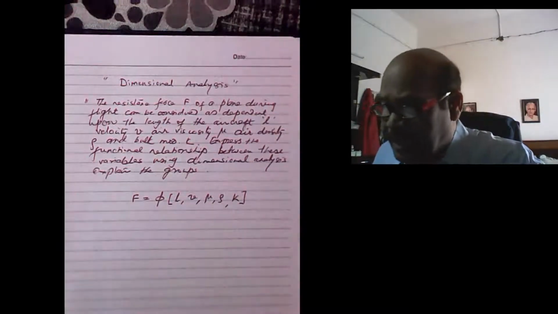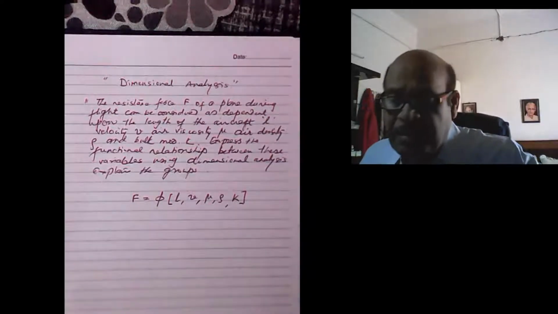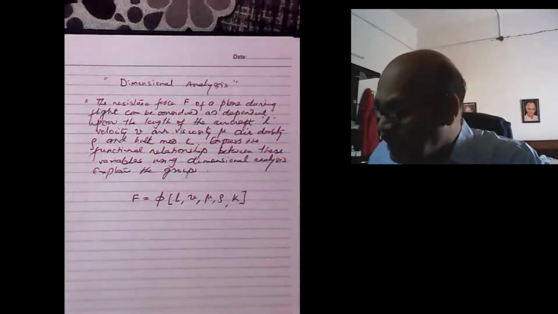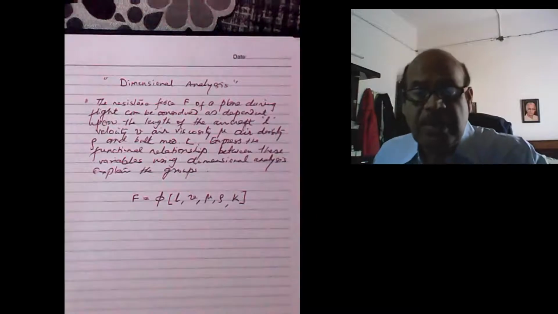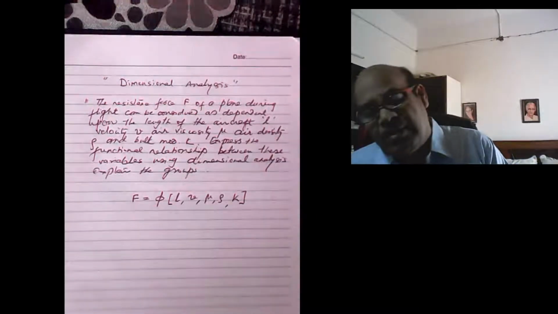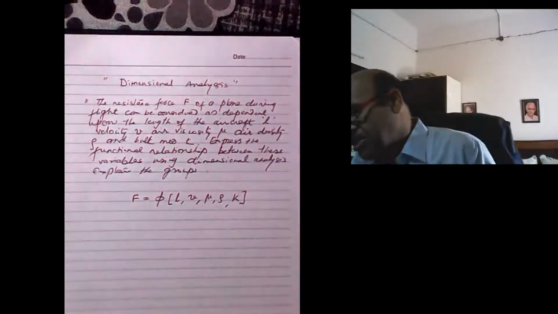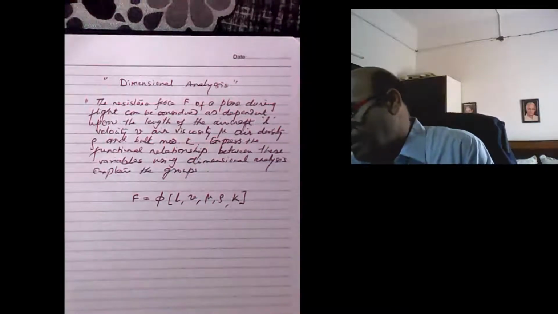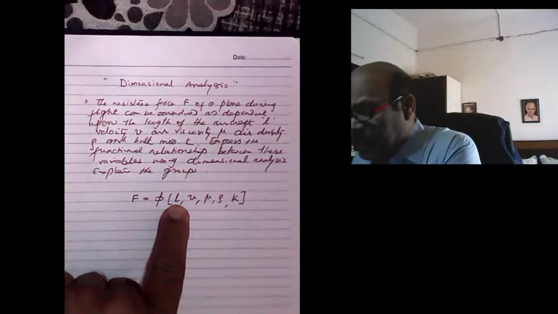If it is an aircraft of some proportion, then one of the proportions could be length. So length would represent width also, depth also, the shape also, and so this is about the geometry of the aircraft.